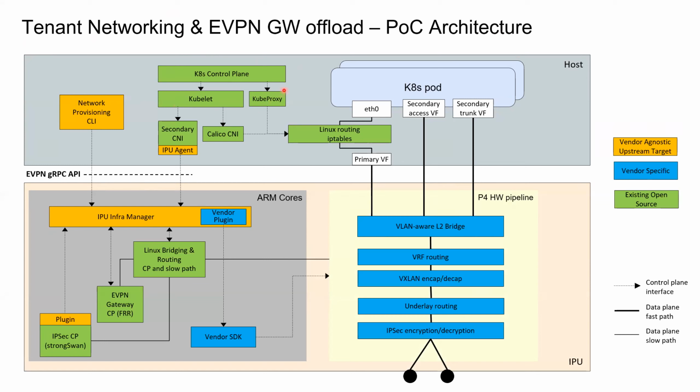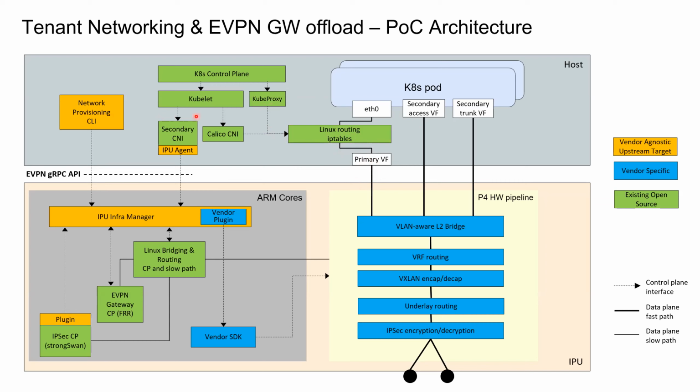We have the standard primary networking realized through Calico CNI and kube-proxy. Both are relying on plain Linux routing and iptables on the host for the primary networking locally on that host. Then for external connectivity, the host is connected through a primary virtual function to the network interface card, our IPU. On top of that, and Mike has already mentioned this, the focus of this POC has been on secondary networking and accelerating secondary networking.